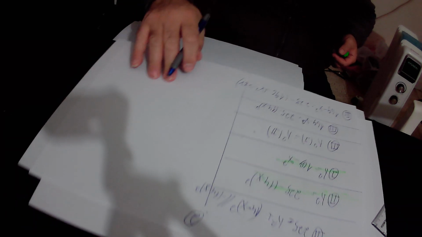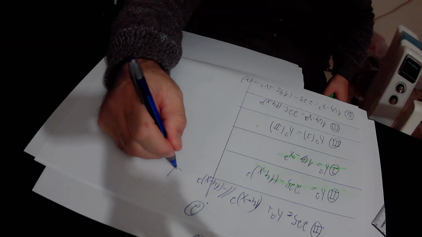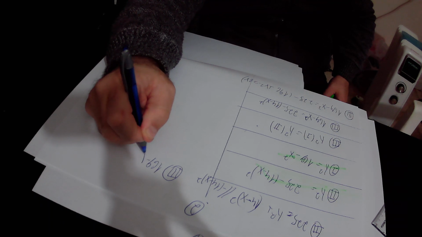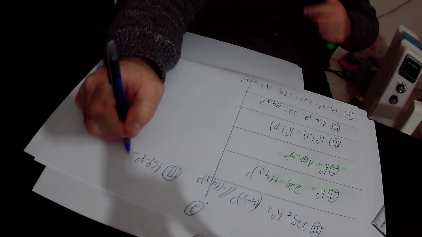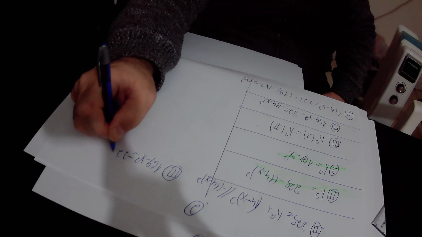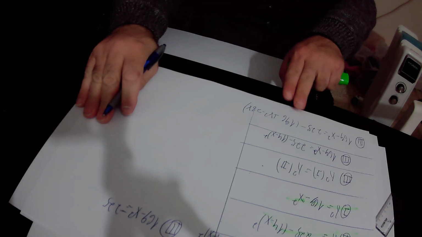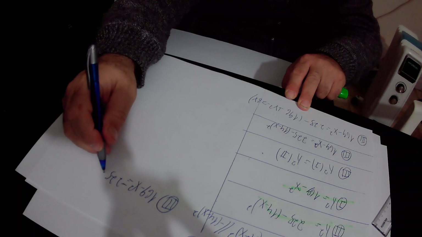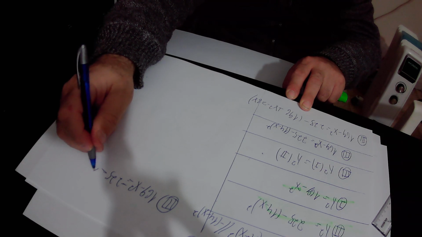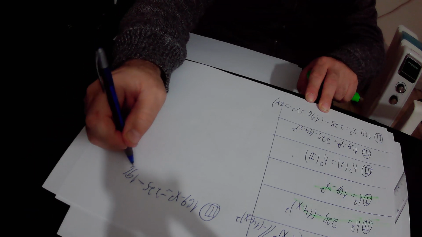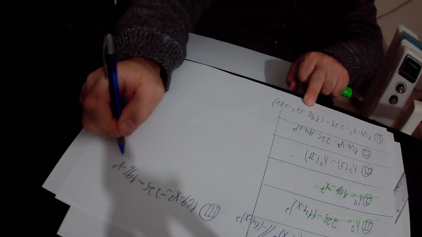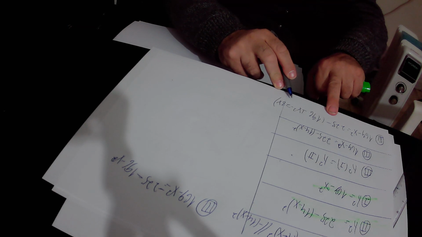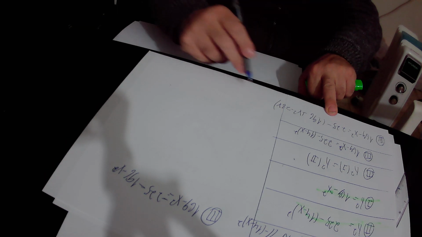So according to equation number 3, 169 minus x squared equals 225. Here we open the brackets, and we have minus 196 minus x squared. Here we have minus times minus, which is plus, so it is plus 28x.